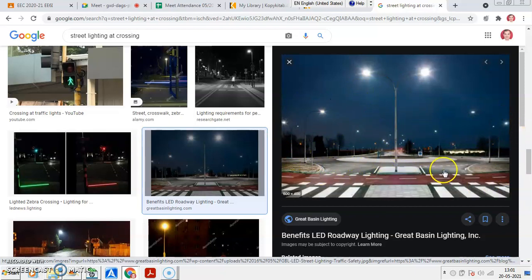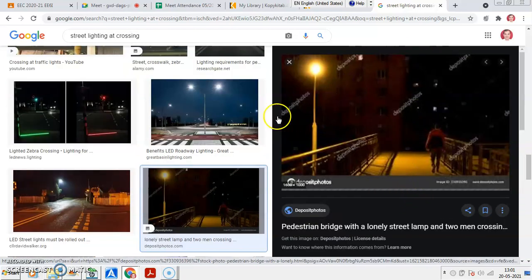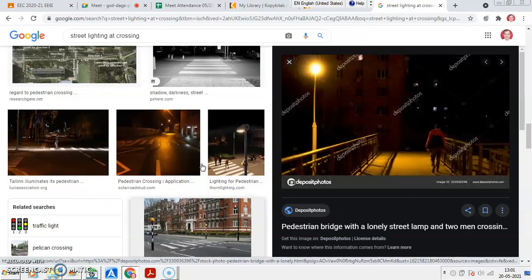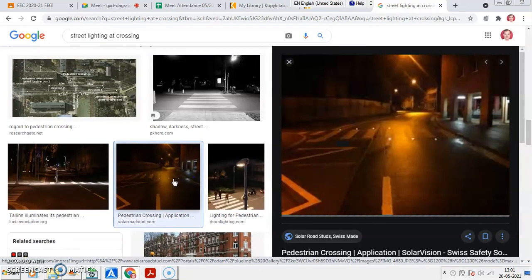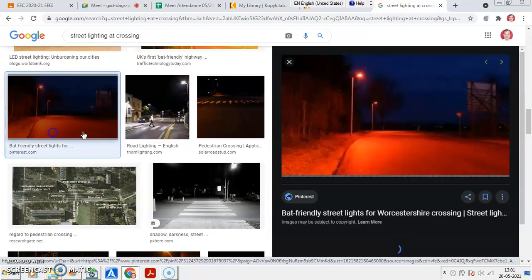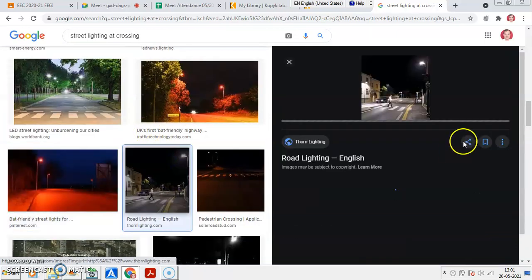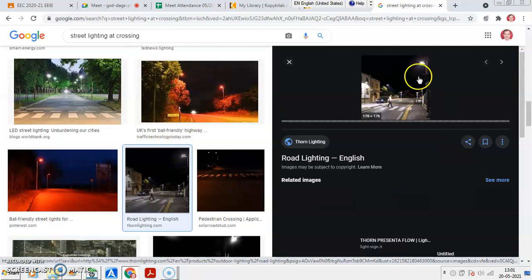Okay. So this is actually the LED. Now we are having LED. We are not going for sodium vapor. This is sodium vapor lamp. This is mercury.